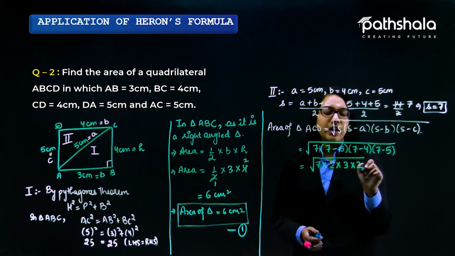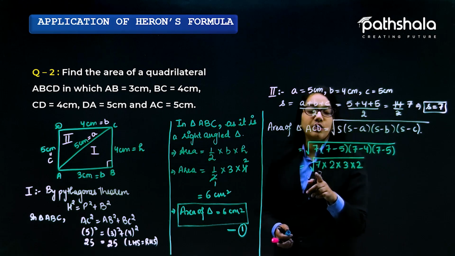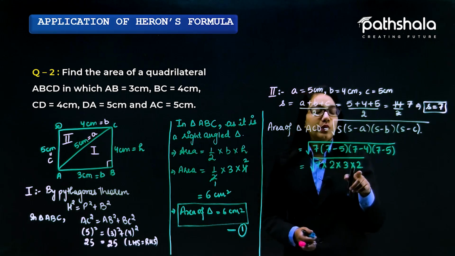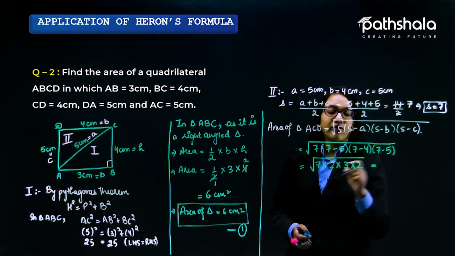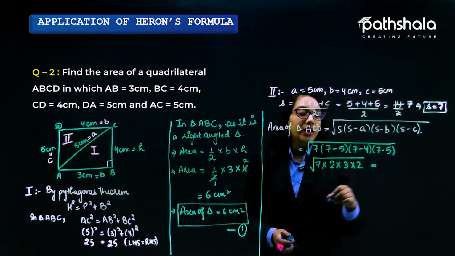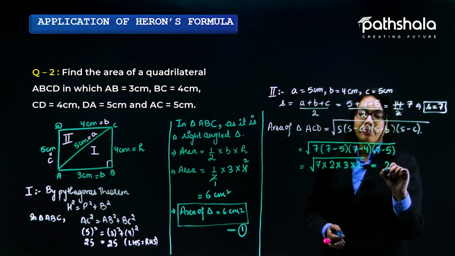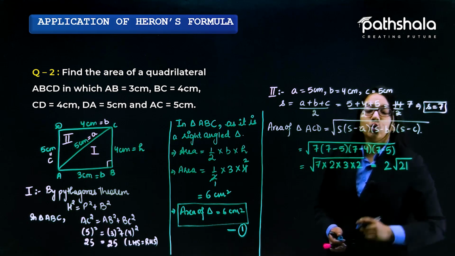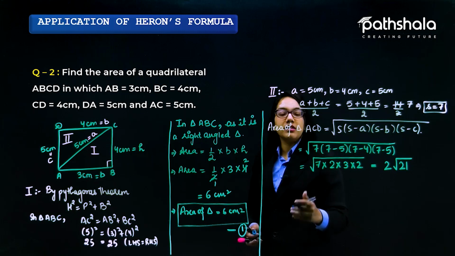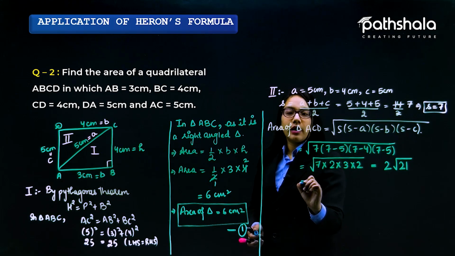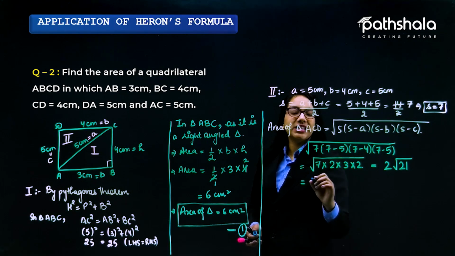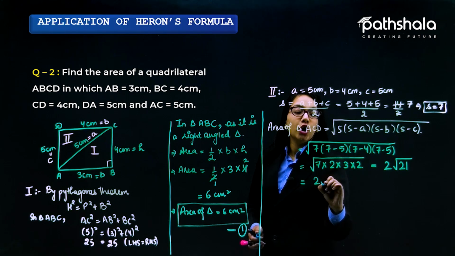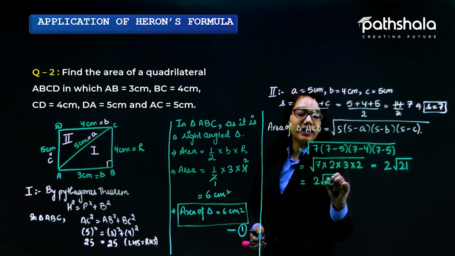As you can see, we have the values 7 into 2 into 3 into 2. We can take 2 common out of it, and I'll get 2 times the square root of 7 into 3, which is 21. So this is 2 root 21. At the end, I'm getting the area of the triangle as 2 root 21.